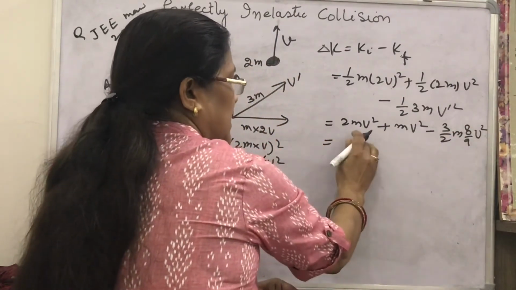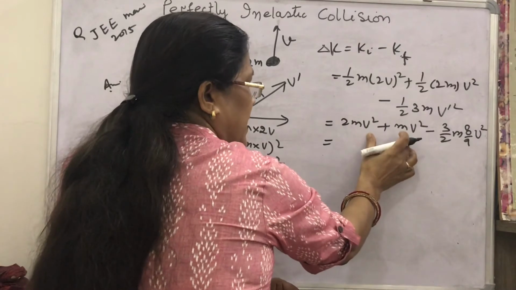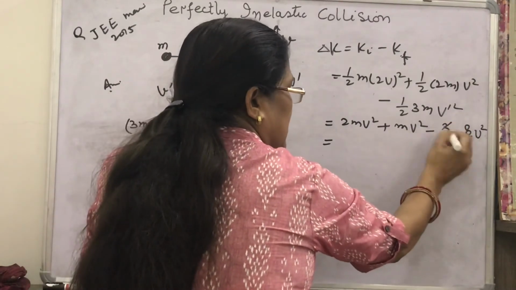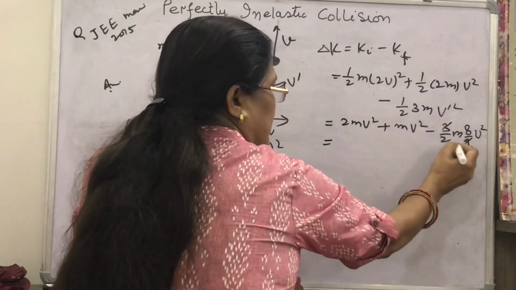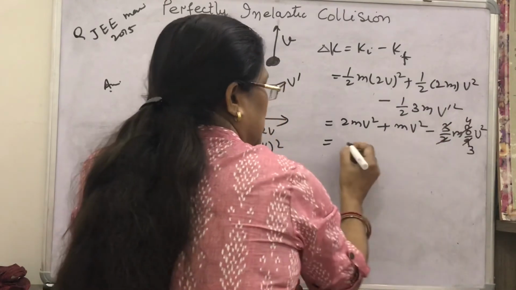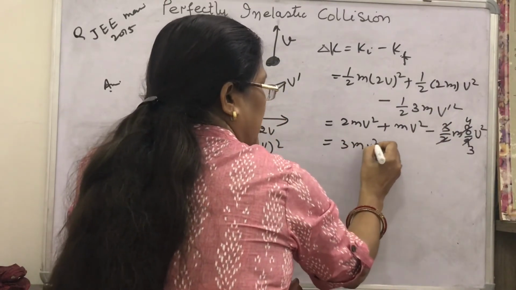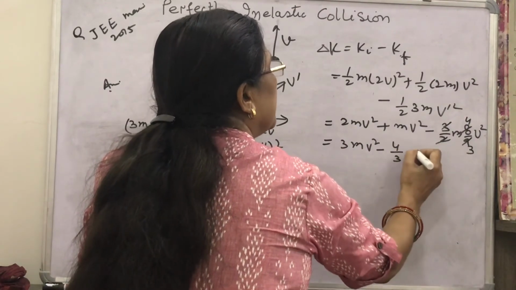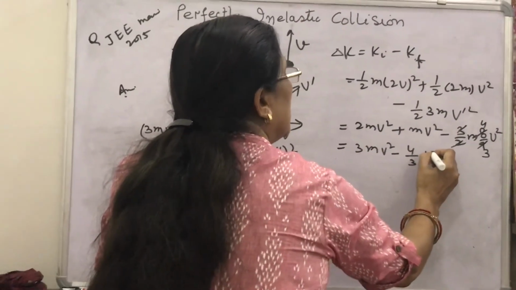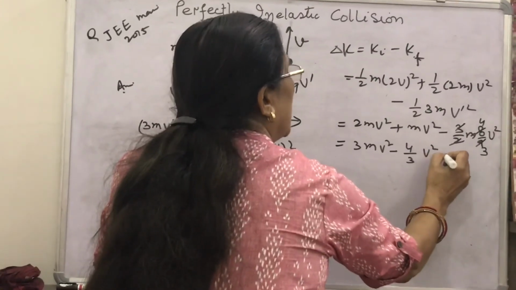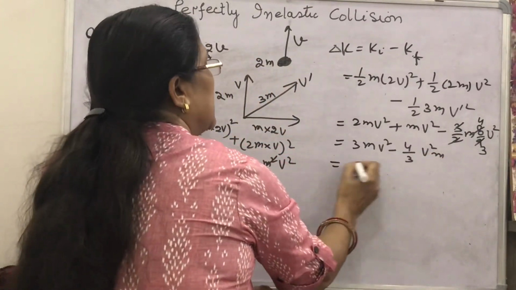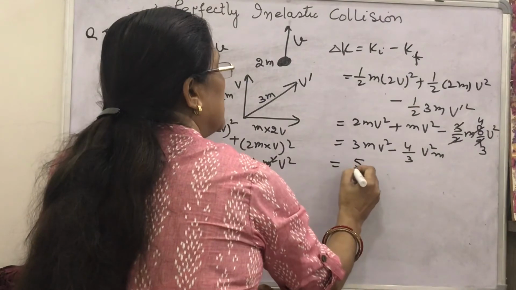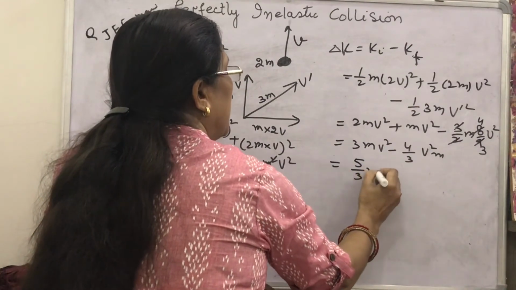So what is here, this is 3 m v square minus 4 by 3 v square m. So what is here, 9 minus 4, this is 5 by 3 m v square.